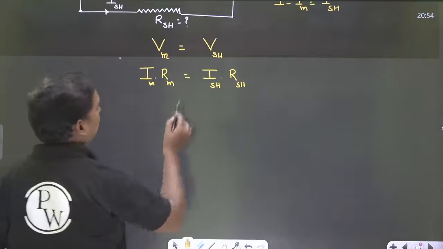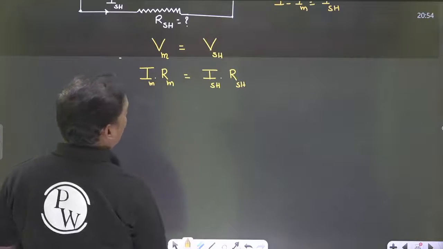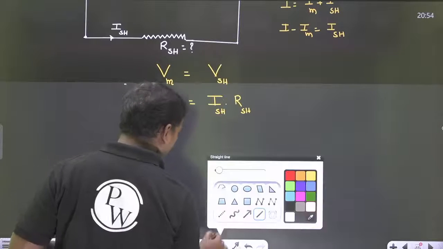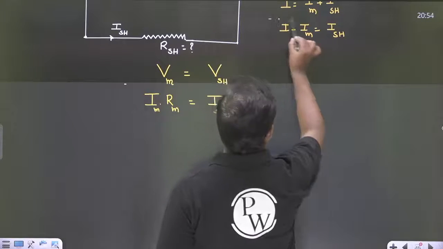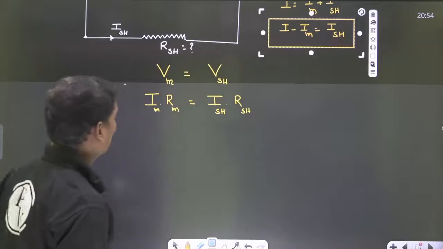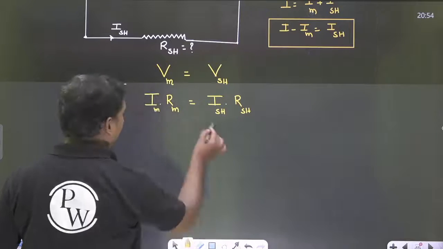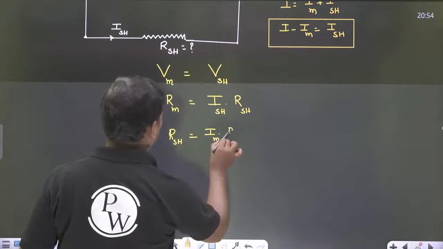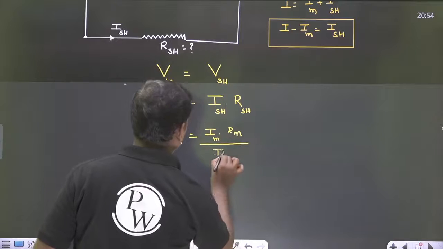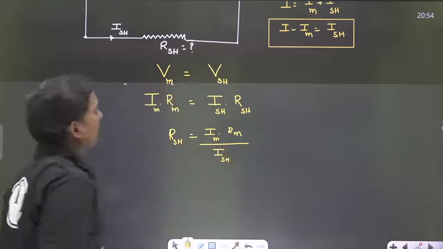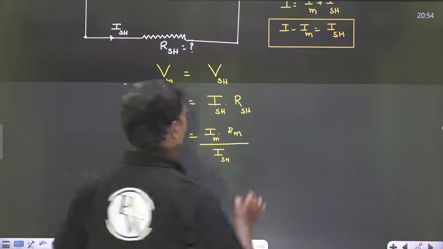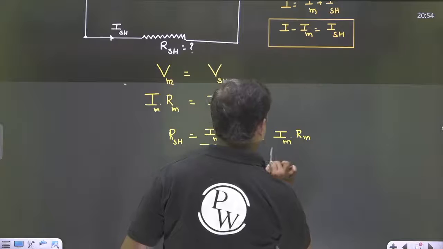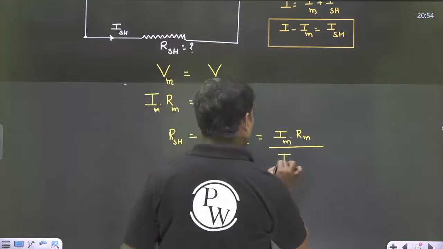So what I am going to get here, Im Rm is equal to (I minus Im) into ISH, right? I want the shunt resistance, right? So shunt resistance RSH can be taken as Im into Rm divided by ISH. So this ISH can be written as I minus Im. So this is Im into Rm, the whole divided by I minus Im.